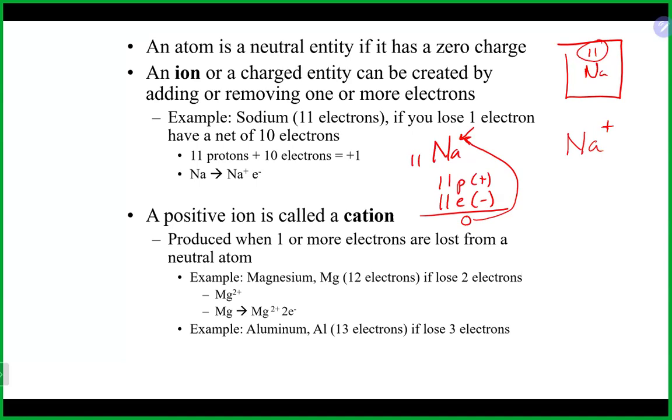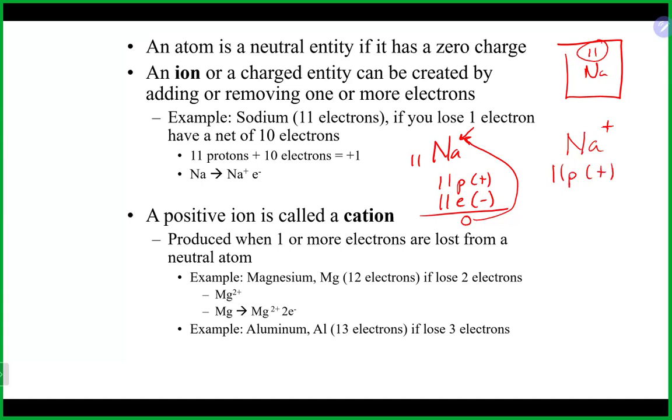Again, if you look at the periodic table, every element has a different atomic number, which means every element has a different number of protons. So obviously we cannot change the protons, otherwise it would no longer be sodium. Protons are pretty much locked into place, and because of its atomic number will still be 11.